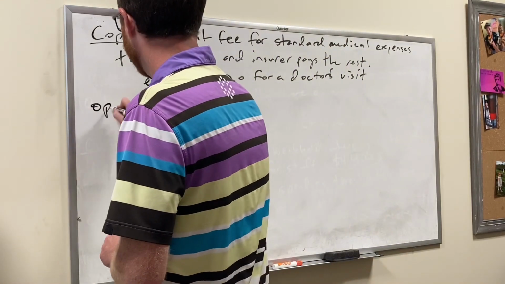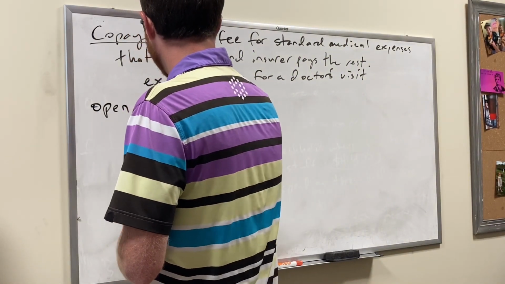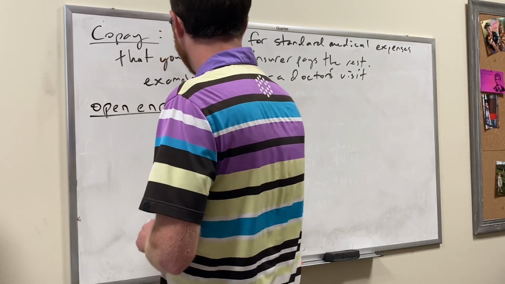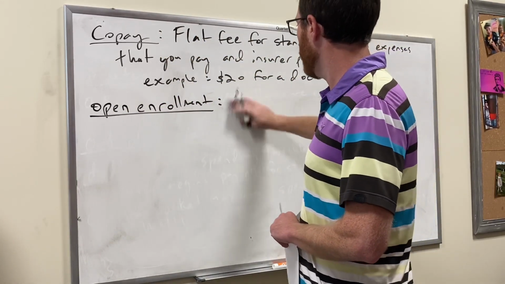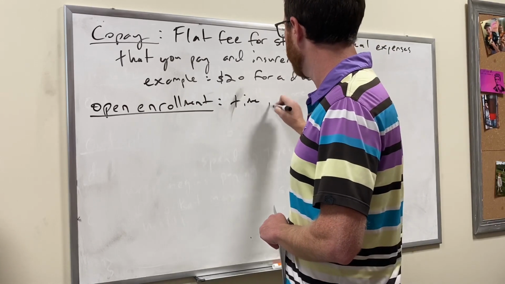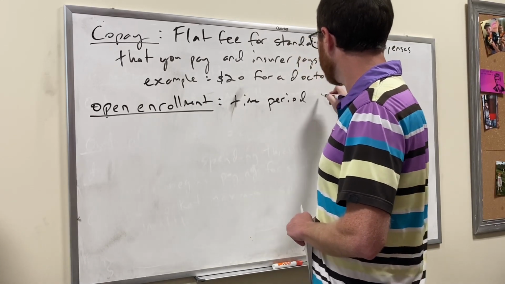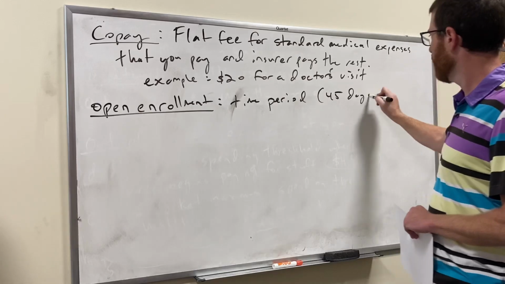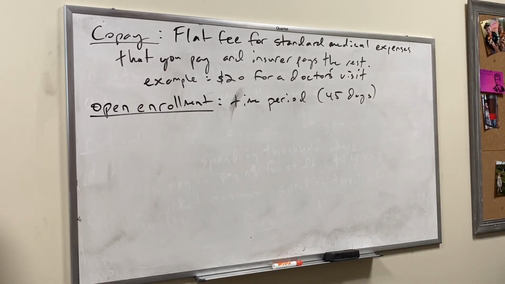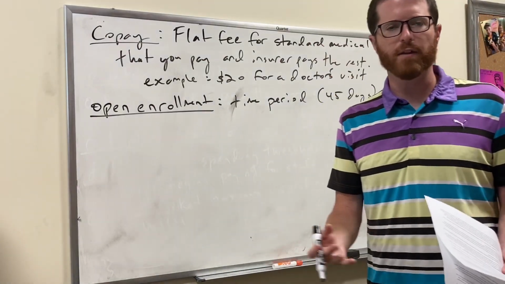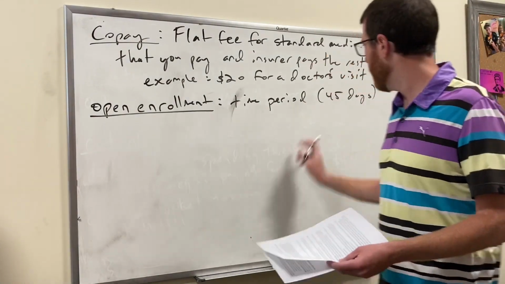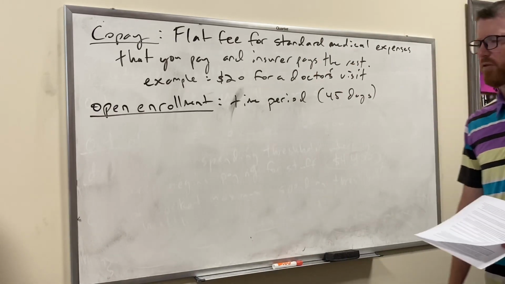Open enrollment, okay? Kind of shifting gears here a little bit. Open enrollment refers to a time period, usually about 45 days. A lot of times for government work and a lot of other major health insurance providers stick to the same guideline that they use for the federal government. It's 45 days. That's kind of a standard procedure.